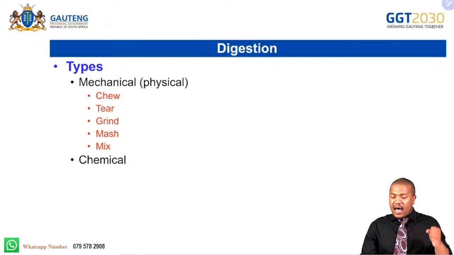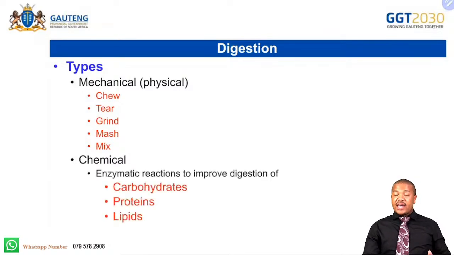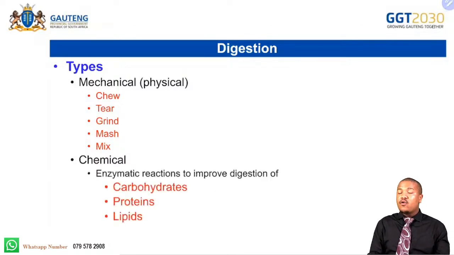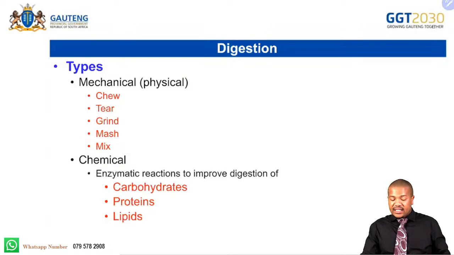We are mechanically digesting the food, physically breaking it down. Then there's also chemical digestion, which is the enzymatic reactions to improve the digestion of carbohydrates, proteins, and lipids.